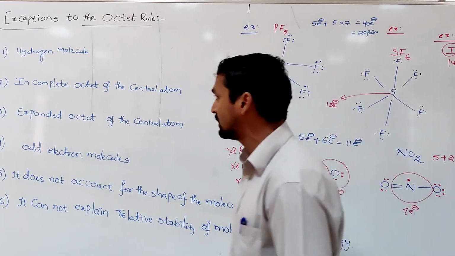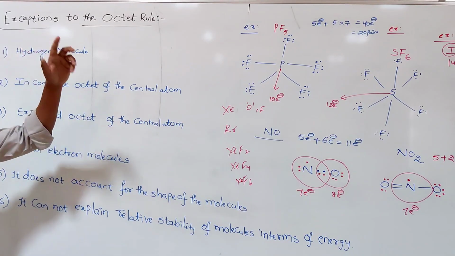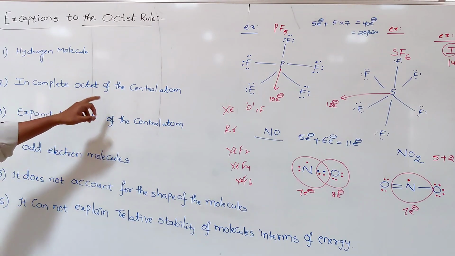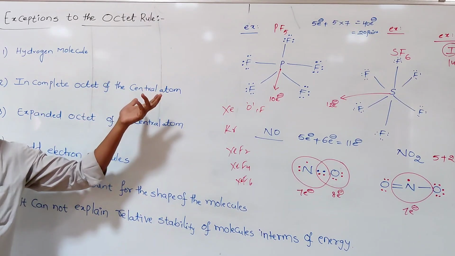So these are the certain exceptions about the octet rule. The first one is the hydrogen molecule. In the formation of the hydrogen molecule, both hydrogen atoms get only 2 electrons around them. However, that molecule is said to be stable, even though it is not fulfilling 8 electrons. Next, incomplete octet of the central atom, especially in group 1, group 2 and group 13 elements.